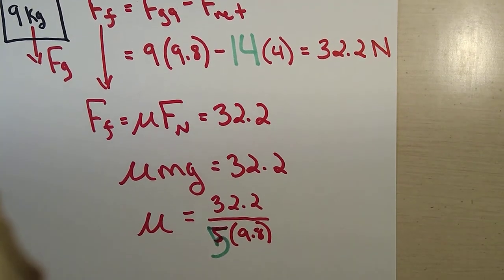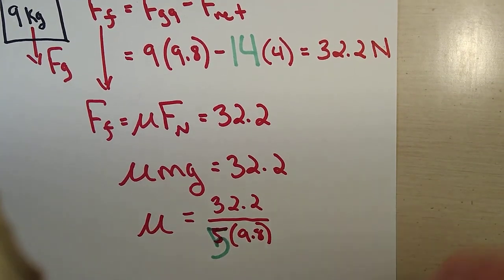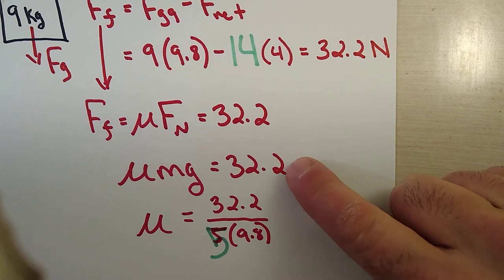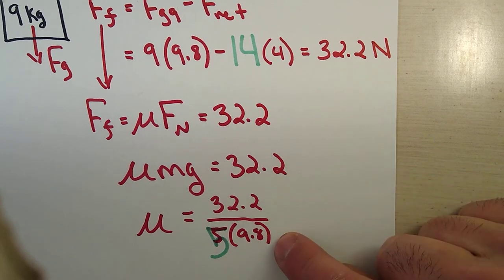Just doing some algebra, rearranging for the coefficient of friction, it is the frictional force divided by the normal force of that 5 kilogram mass.